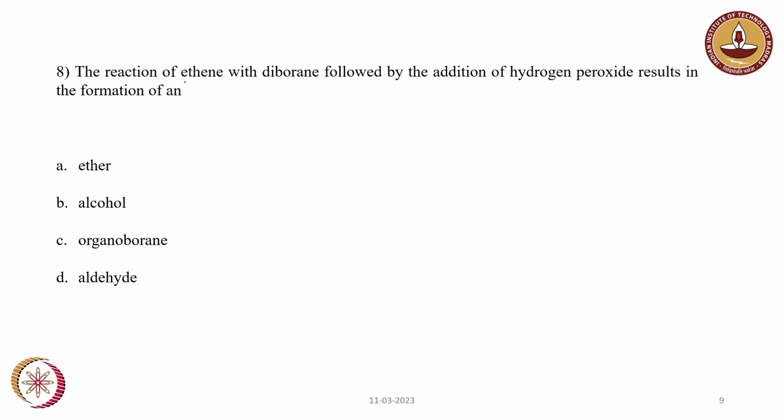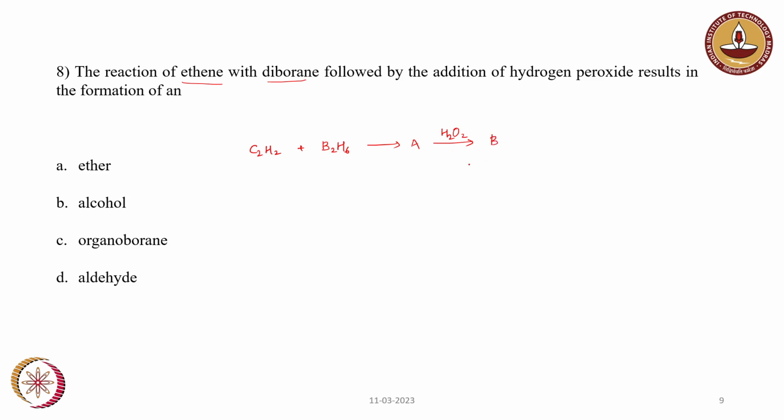We are asked ethene reacts with diborane. So ethene is C2H4 plus diborane B2H6, giving one product, and followed by hydrogen peroxide results in formation of the next compound.